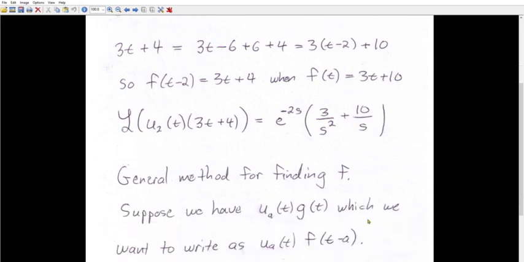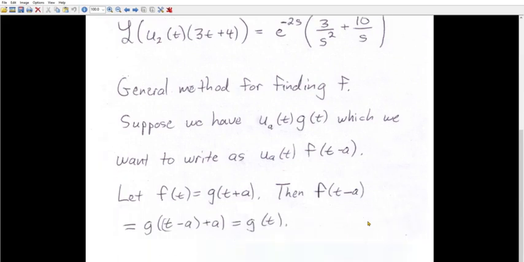Now, there's a general method for finding such a function. Suppose that we have ua of t times g of t, and we want to rewrite that as ua of t times f of t minus a, because that's what we need it to look like to forward transform it. So what we do is we let f of t be g of t plus a.